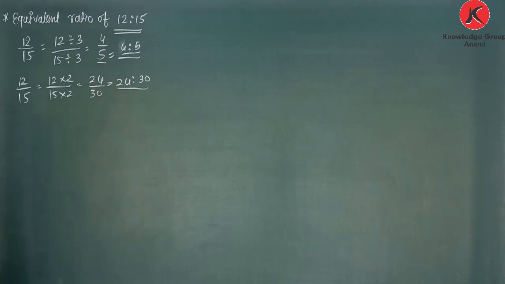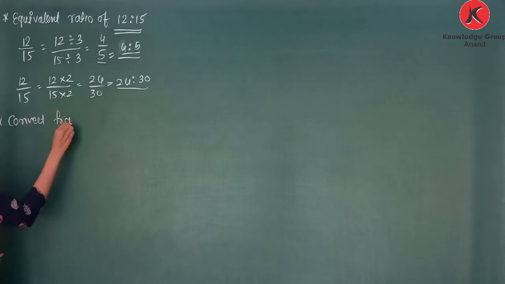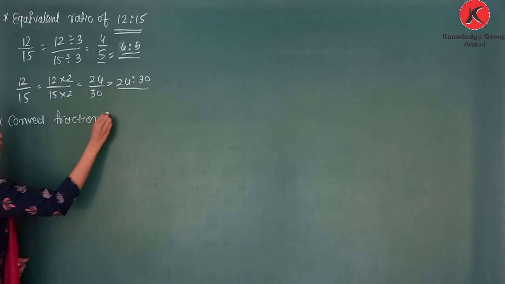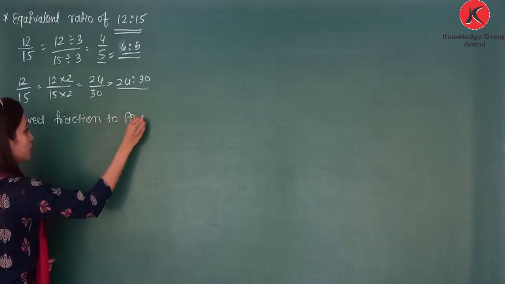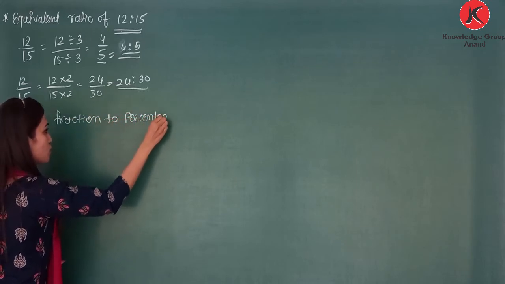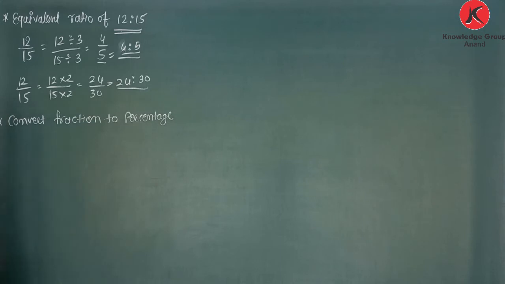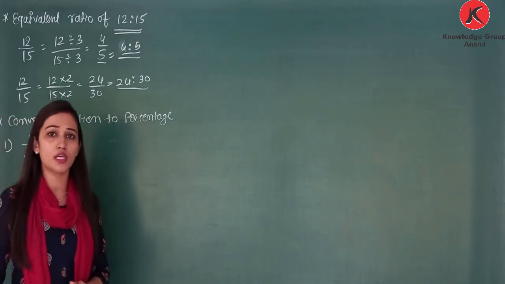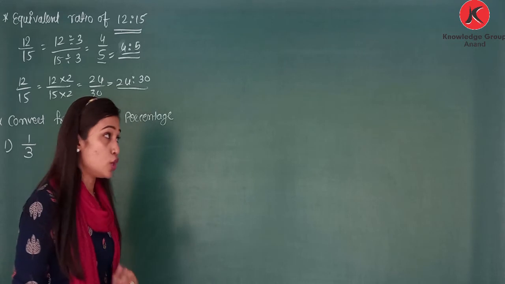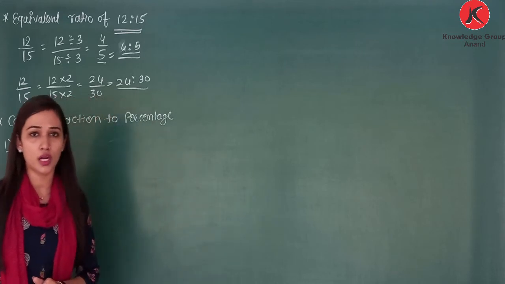Clear? Now conversion of fraction to percentage. In MCQ, this kind of question may be asked. Convert fraction to percentage. So if the question is 1 by 3, how can we convert? What is the definition of percentage? Percentage is the numerator of a fraction with denominator 100.